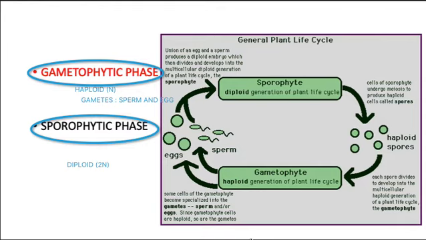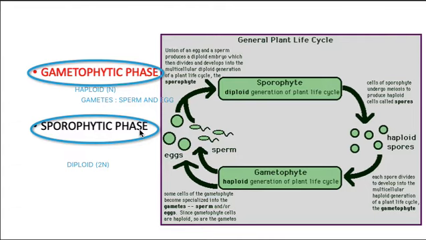For humans, our body is mainly dominated by the sporophytic phase, because each and every cell of our body is diploid, right? But only our sex organs, only the male and female sex cells are gametophytic in their composition.